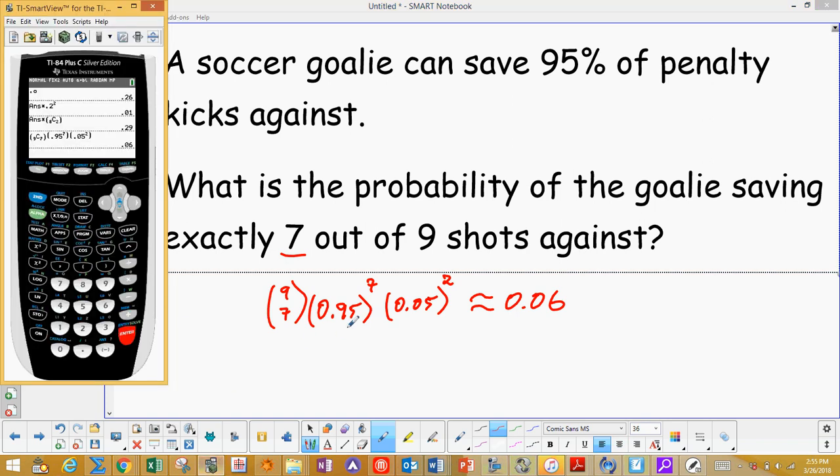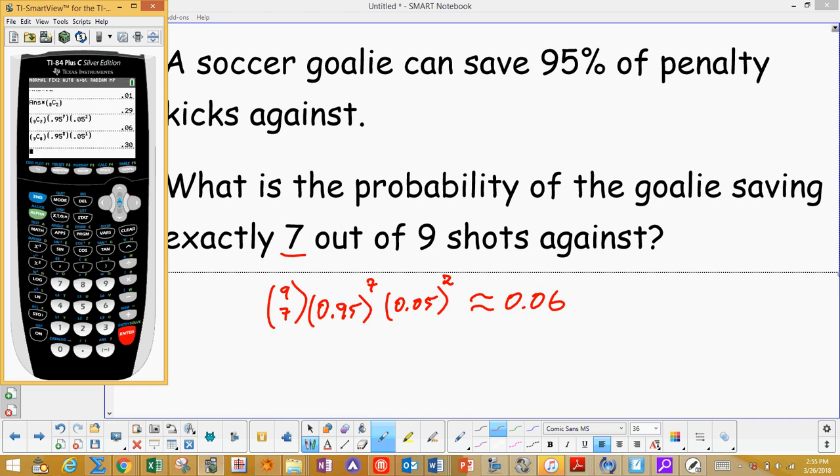So if I wanted to know for 8 shots, I can go back to the beginning, and I want 9 choose 8, times 0.95 to the 8th, and 0.05 to the 1st, because there's one failure and 8 successes.